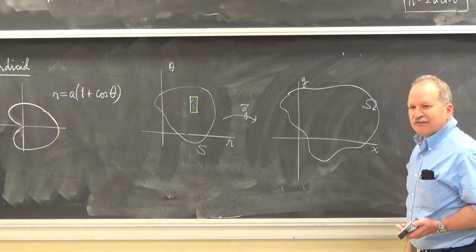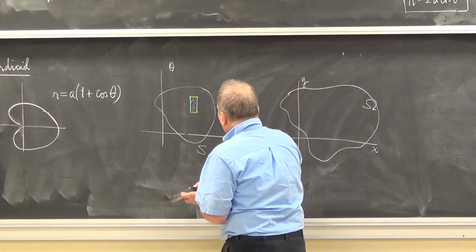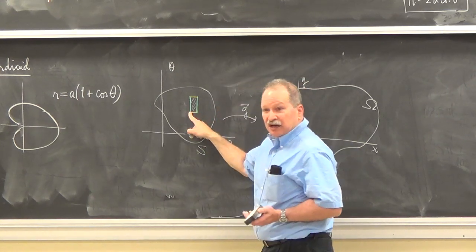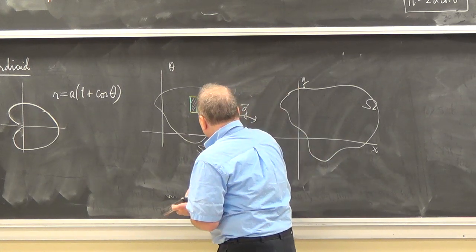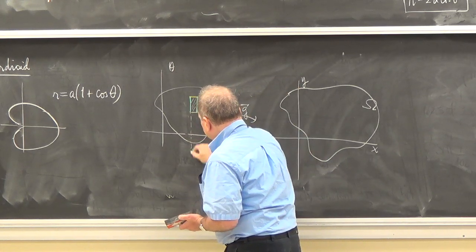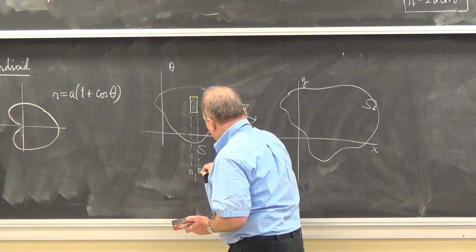You take the two thetas and the two lengths. The two yellow things are fixing theta and varying r. So here I've got r equals r1, and here I've got r equals r2.